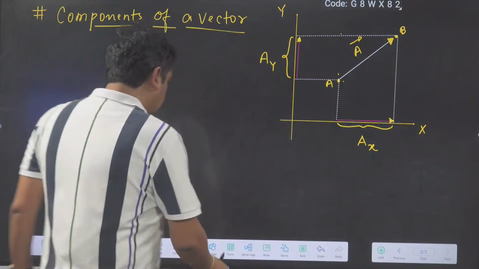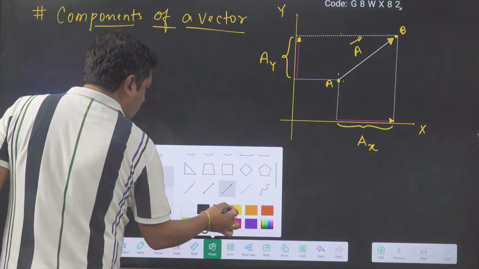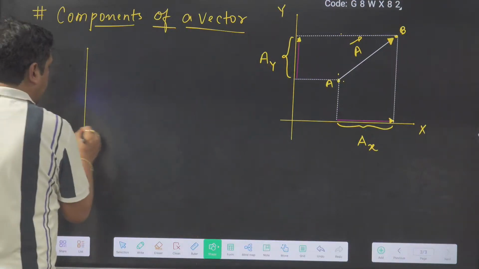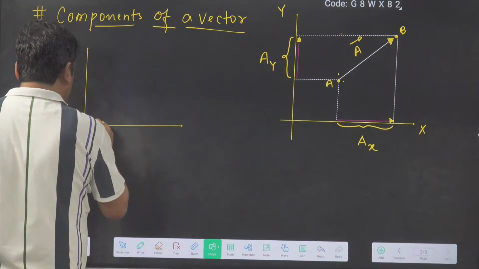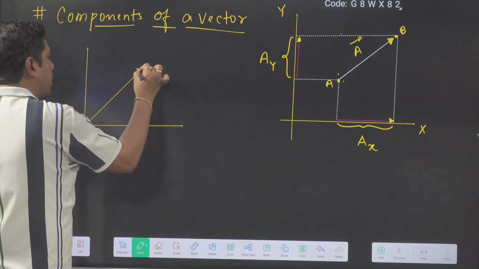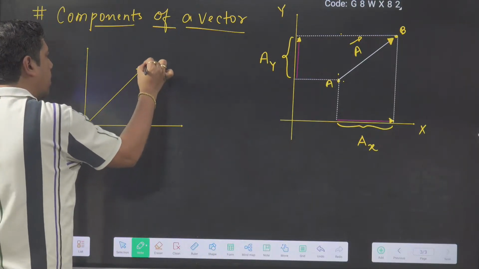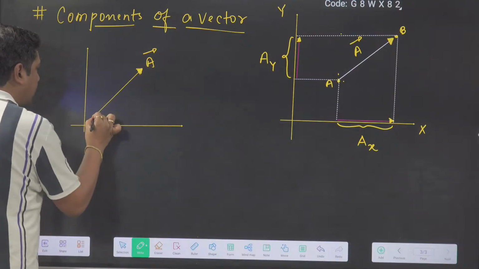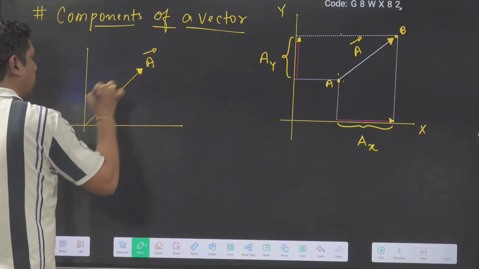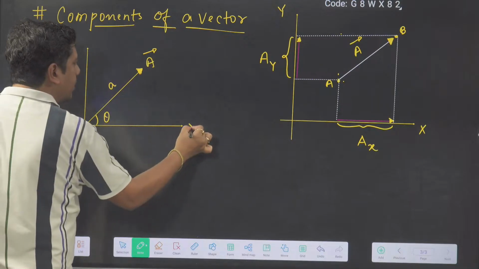Now, generally the vectors will be drawn from the origin, or you can shift any vector. So in a general diagram, you will get something like this, beta. Let's say this is a vector a, making some angle theta. The magnitude is obviously small a, and it is making theta with the x-axis.